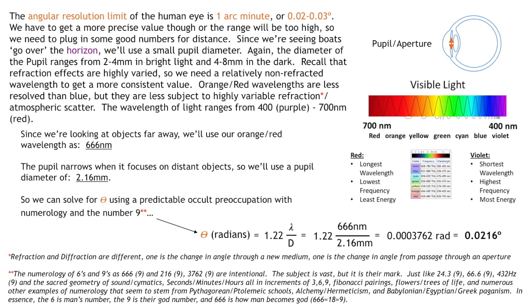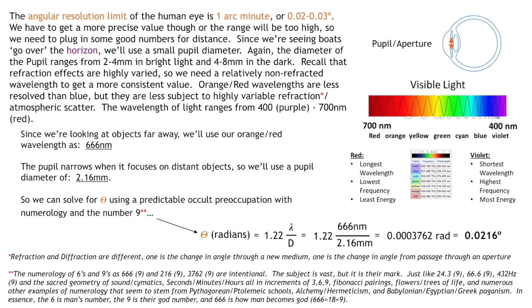So again, I chose these numbers on purpose. The numerologies of 6s and 9s as 666, which adds up to 9, and 216, which also adds up to 9, and 3762, which also adds up to 9, are on purpose, very intentional. The subject is vast, but it is their mark. Just like 24.3 degrees is 9, 66.6 degrees is 9, 432 hertz is 9, the sacred geometry of sound and cymatics. The seconds, minutes, and hours all are increments of 3, 6, and 9.